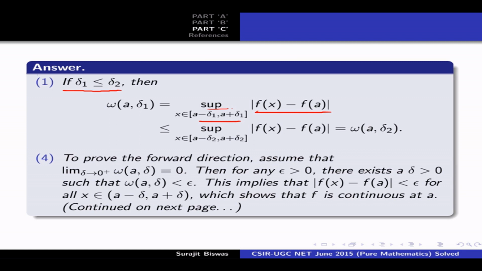If delta2 is bigger than or equal to delta1, then this range contains this range. The interval [a minus delta1, a plus delta1] is contained in the closed interval [a minus delta2, a plus delta2], and therefore this supremum has to be less than or equal to this supremum, and this supremum is by definition omega(a, delta2). So the first option is correct.